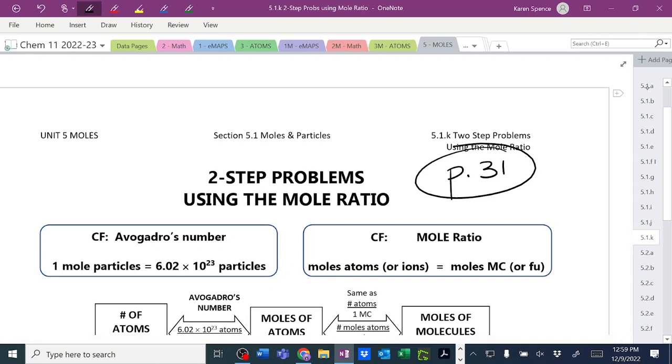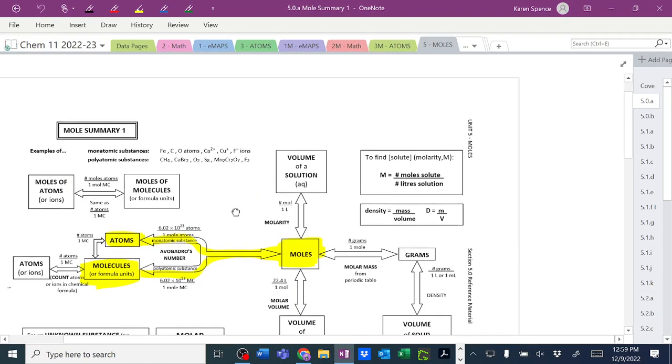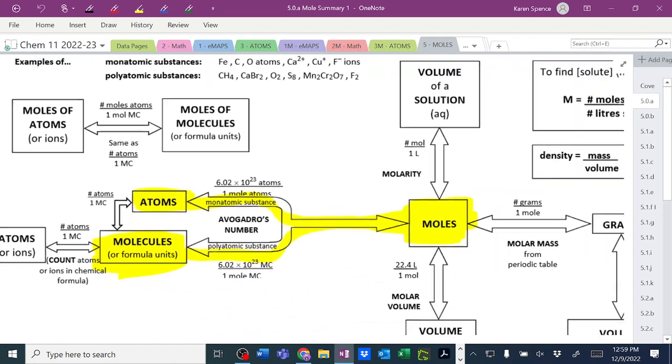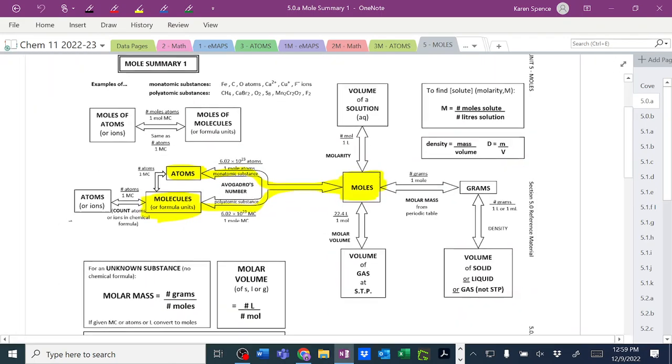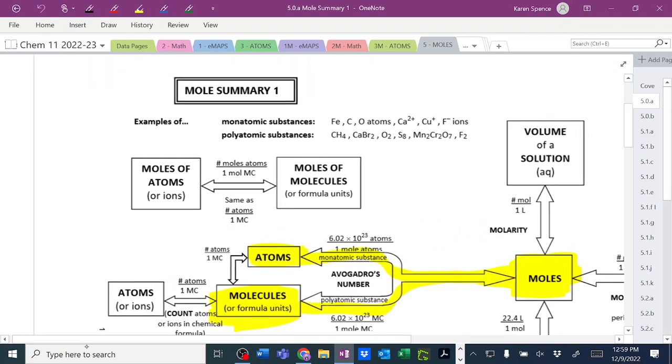And just before we go there, I'm actually going to bop back here and show you, you remember this page we looked at? It's like all the things mole that you could ever need to know. Right now where we are is we are doing this today, okay? And for moles of atoms, you could actually go back and forth between moles of atoms and the number of atoms.